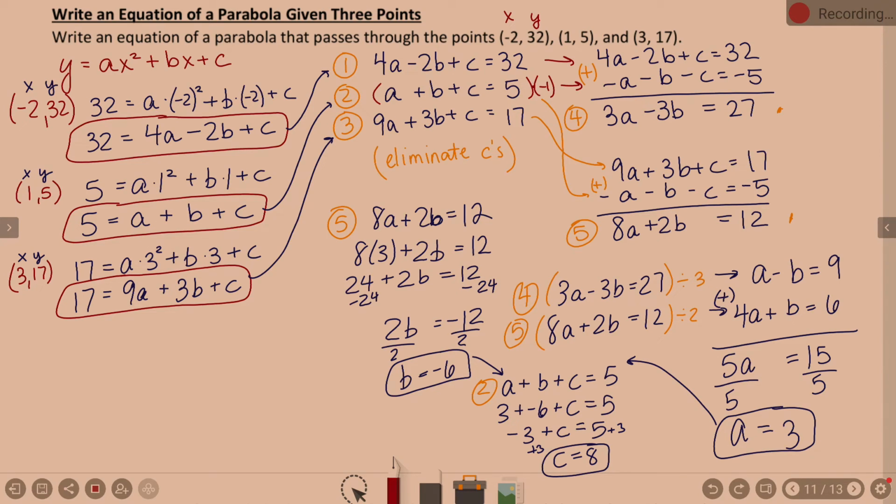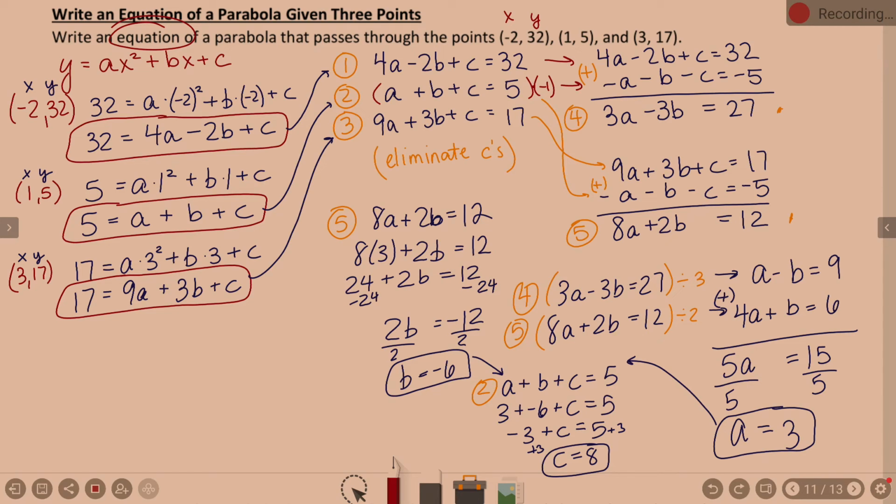If you went in different directions, you got the same answer, yes? Now, here's the question. How do we write our final answer? Oh, we have to write the equation.